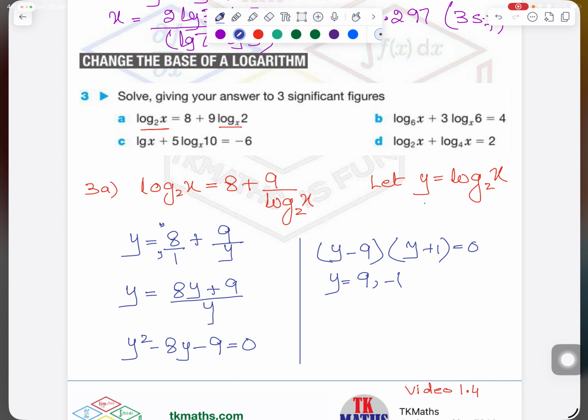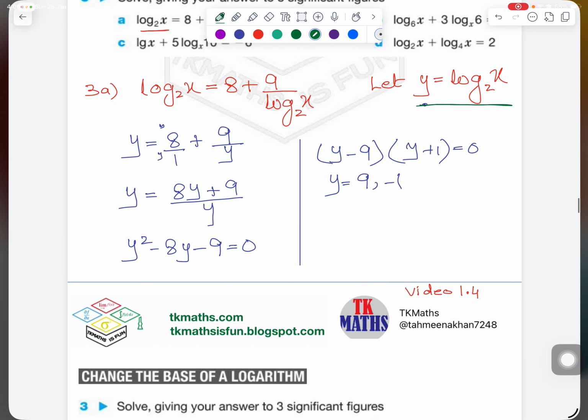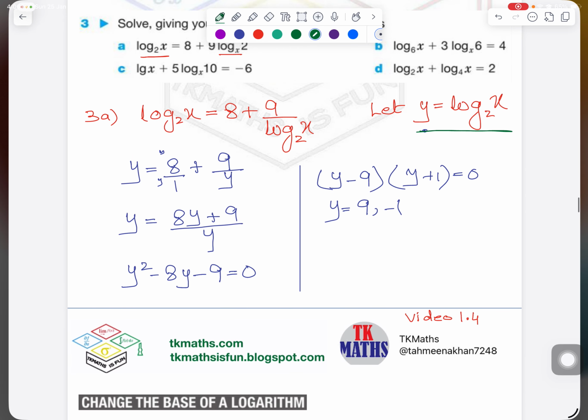These values of y I will plug in here because finally I have to get the value of x, right? So I'm taking the values one by one. It will become 9 equals log x base 2, and the other one will become minus 1 equals log x base 2.